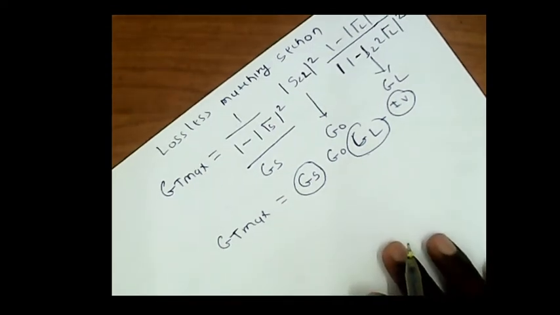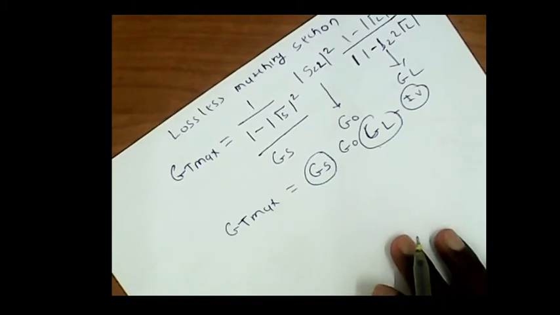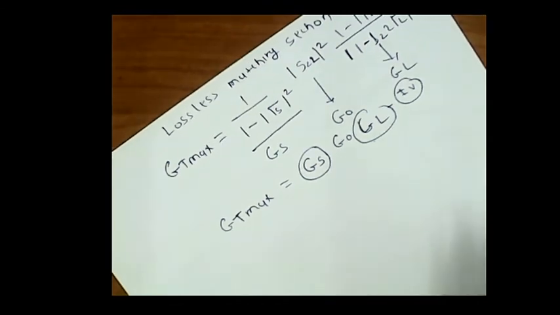In conjugate matching and a lossless matching section, the input and output ports of the amplifier design match with the Z0 load impedance. So in the general bilateral case, gamma in is affected by gamma out or vice versa. So the input and output sections are matched simultaneously, and we can find the two values in this section.